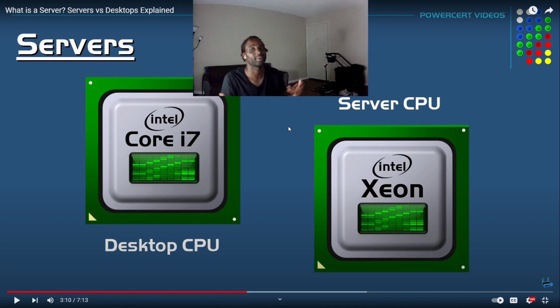Wait. Now look, what if... I'm sure this already happened, but y'all probably already know where I'm going with this. Okay, so this is a desktop CPU, right? I would imagine that a server CPU is maybe triple the price.